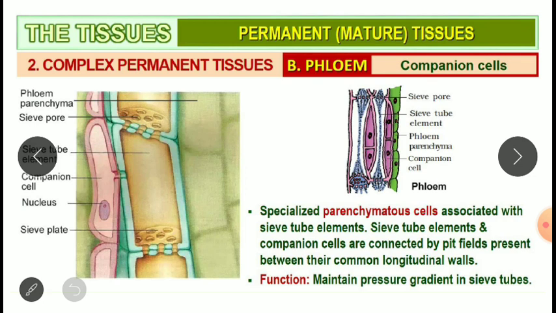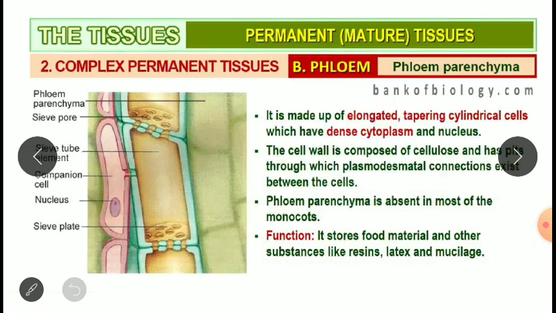Sieve tube elements and companion cells are connected by pit fields present between their common longitudinal walls. The main function of these companion cells is to maintain the pressure gradient in sieve tubes.